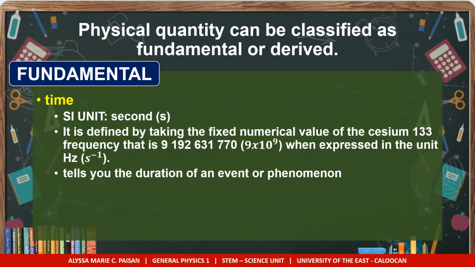Time. Time has the SI unit second, or s. It is defined by taking the fixed numerical value of the cesium 133 frequency, that is 9 trillion 192,631,770, or in short, 9 times 10 raised to positive 9 when expressed in the unit hertz, which is equivalent to second raised to negative 1.